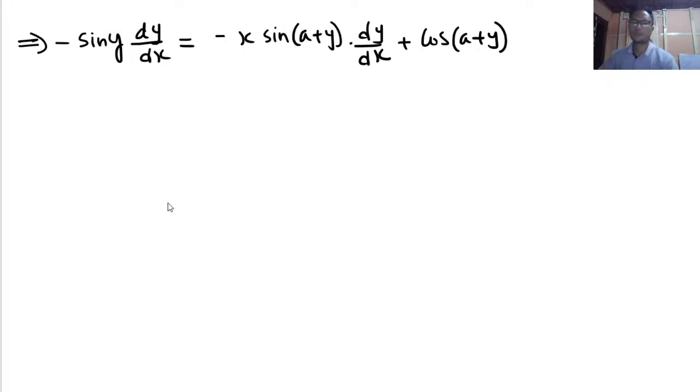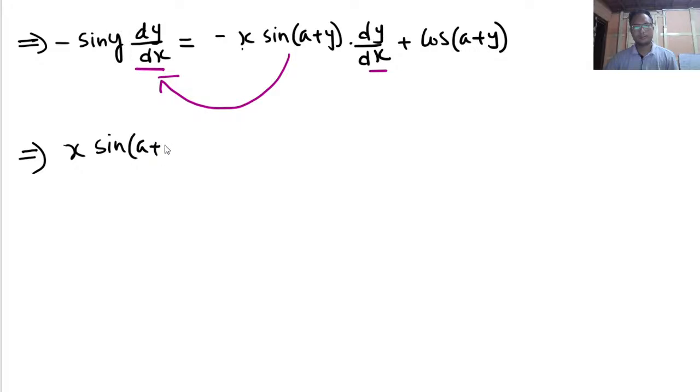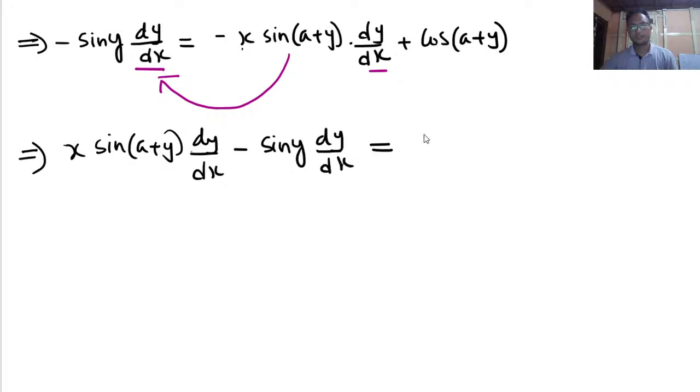Now we try to club the dy/dx terms together, transferring to the left side. So plus x sin(a + y) dy/dx minus sin y dy/dx equal to cos(a + y).